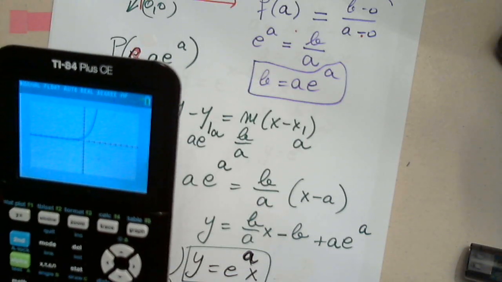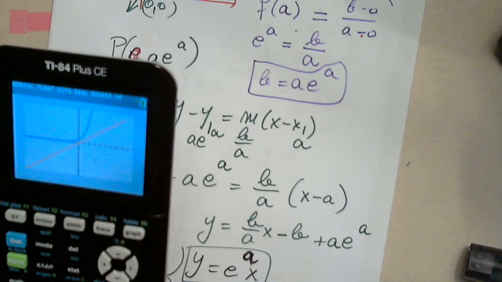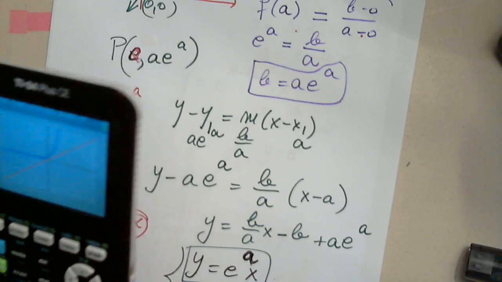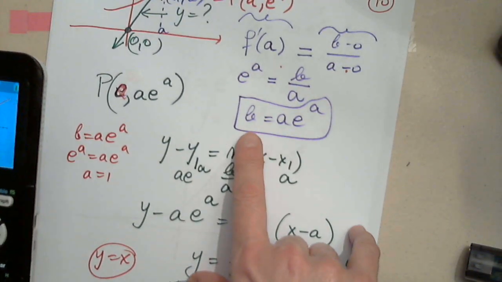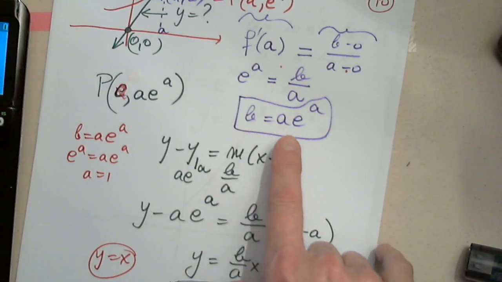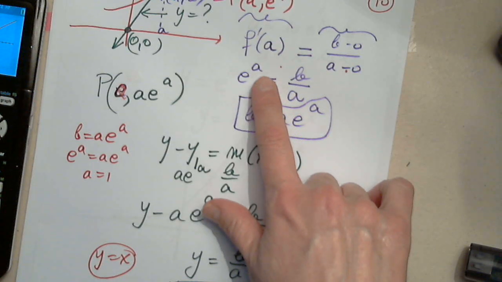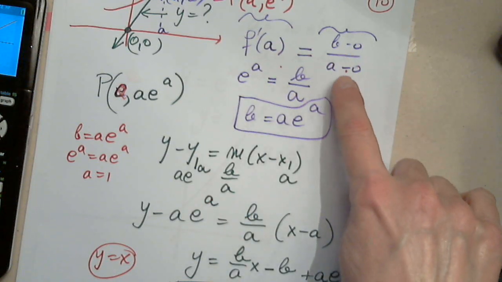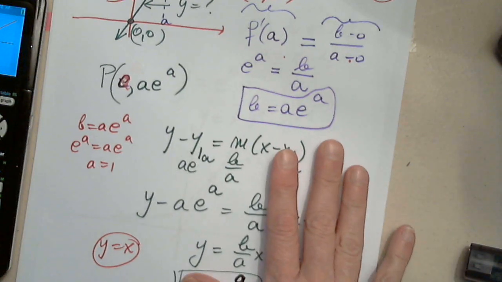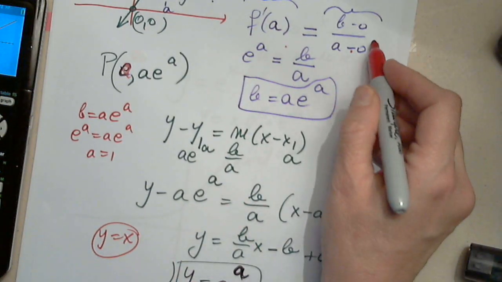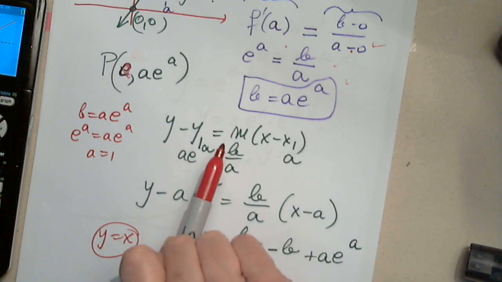So that's e to the x, and that is the tangent passing through the origin, and it's not my tangent. B equals, so e to a, that's correct, equals b over a, that's correct. B equals a e to the a, that's correct. I'm just going to check to make sure I'm going through everything.